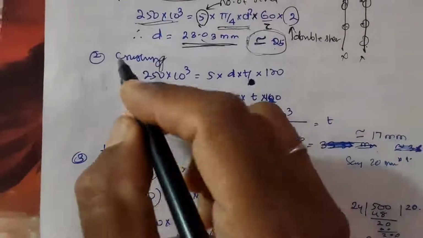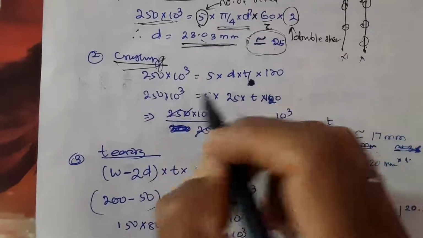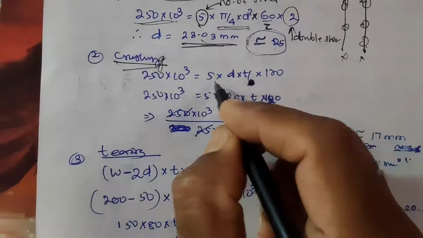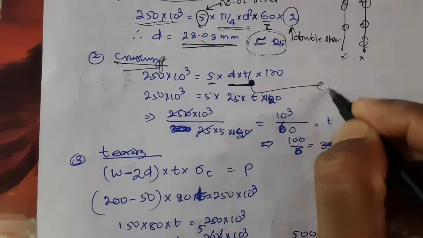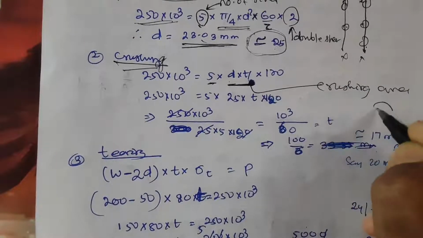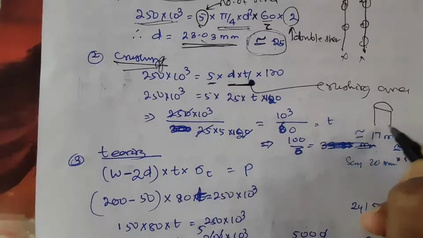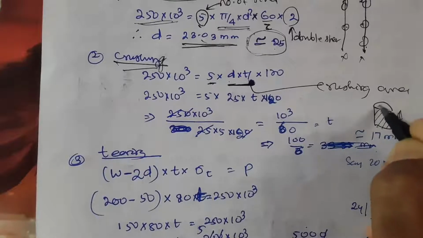And if all the rivets are crushing, 1, 2, 3, 4, 5, what will be the diameter required? This is the crushing area, because the crushing area will be this one. So this is the thickness of the plate and this is the diameter.